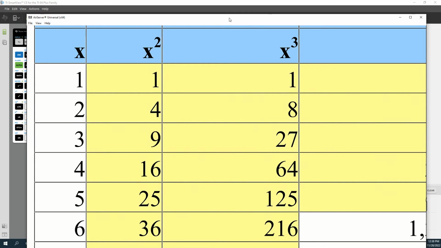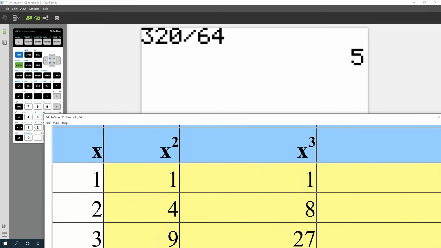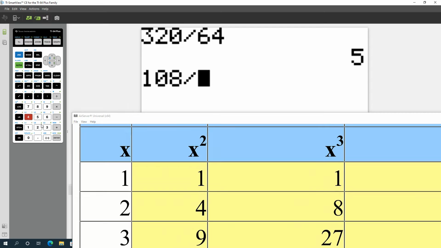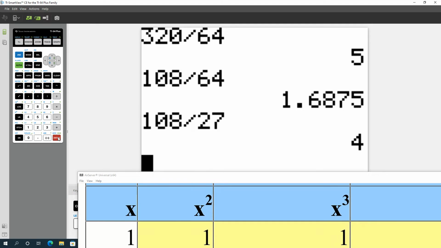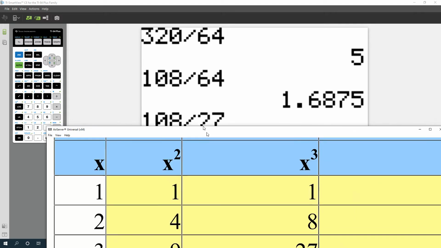If it was me, I would probably start with 64. And it doesn't work. Let's go to the next smaller one, which was 27. And it divides evenly.